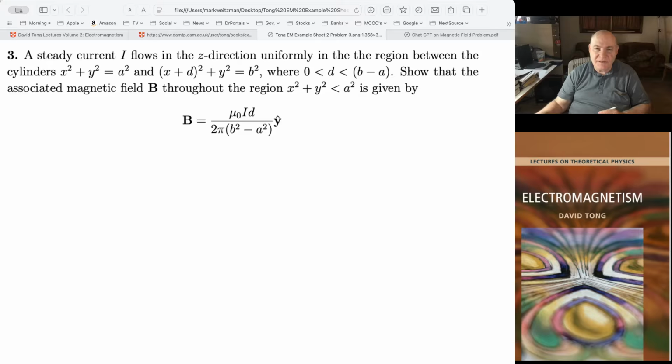And the offset is between them, not in the annulus, but in the A cylinder. That's what this inequality means. And it says, show that the associated magnetic field throughout the region x squared plus y squared less than a squared is given by this expression. So let's get to work.